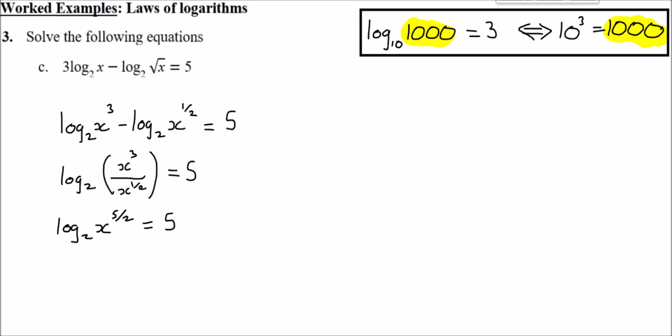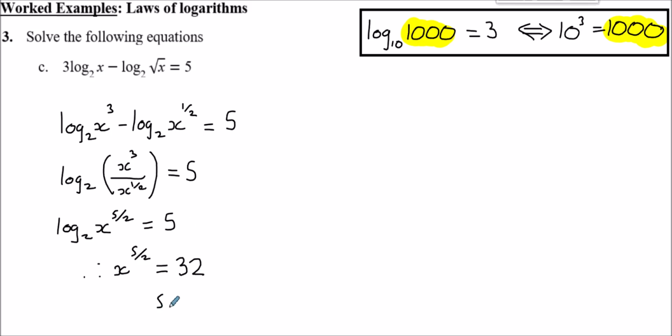So again, using this link here, x to the power 5 over 2 is going to be the same as 2 to the power 5, which is 32. So x to the power 5 over 2 is going to equal 32.